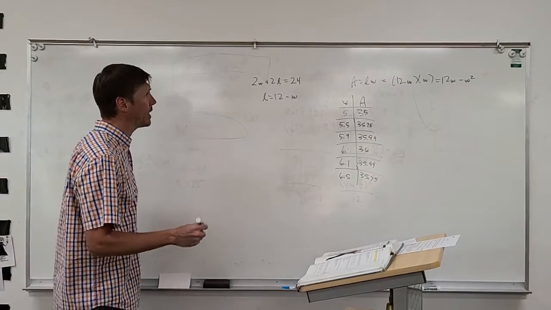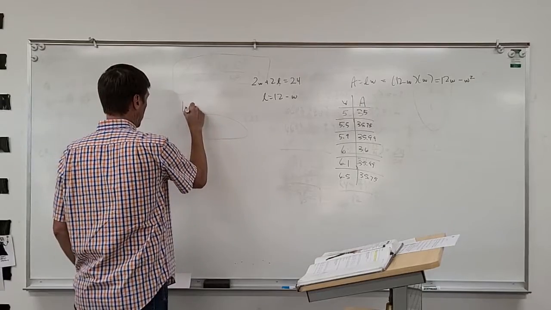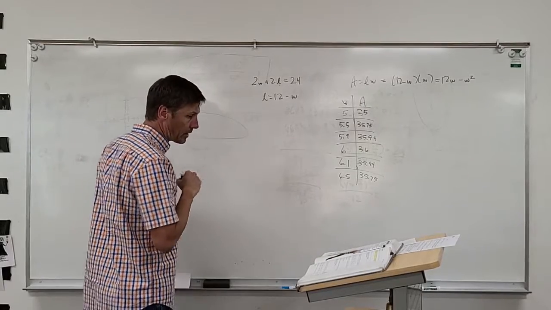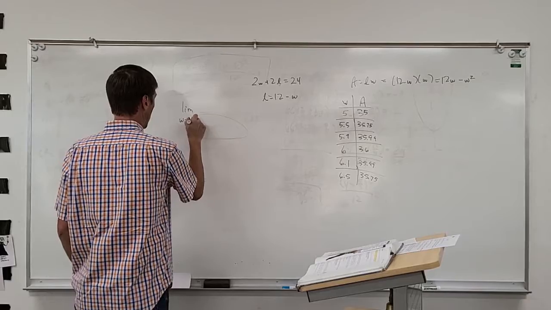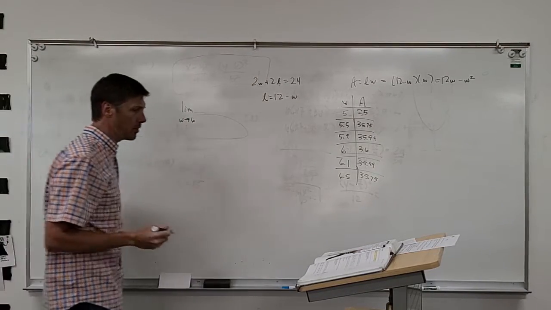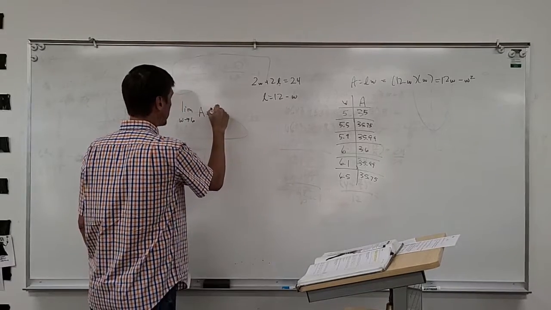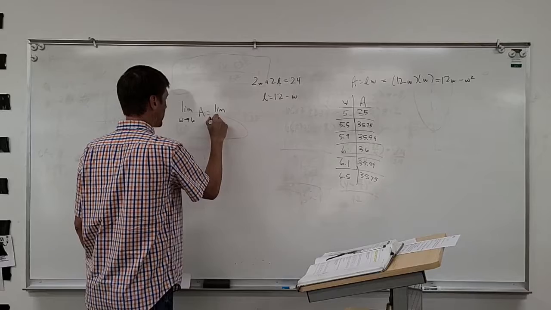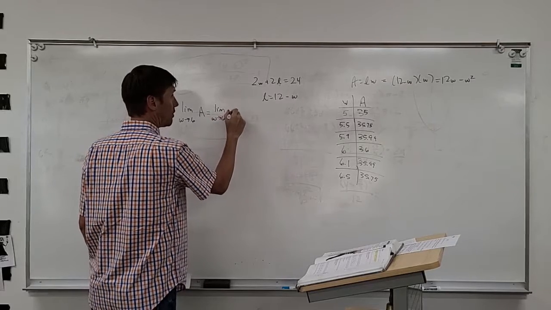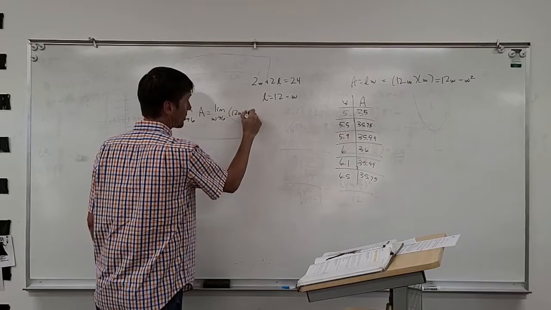And so what we can say is that for that equation, the limit as W approaches 6, that's what that means. The limit as W approaches 6 of the area is equal to the limit as W approaches 6 of 12W minus W squared.